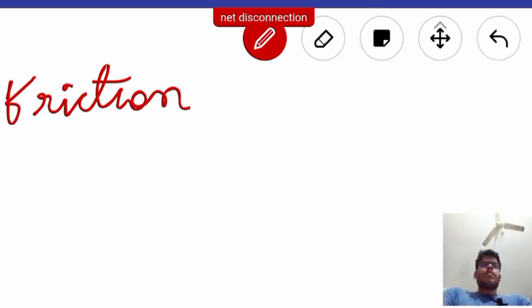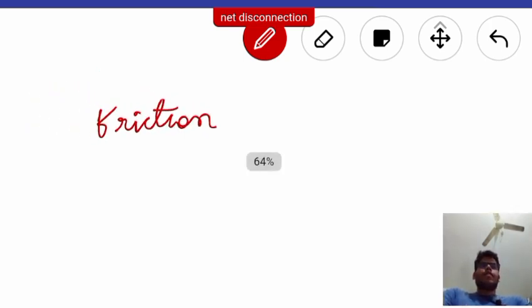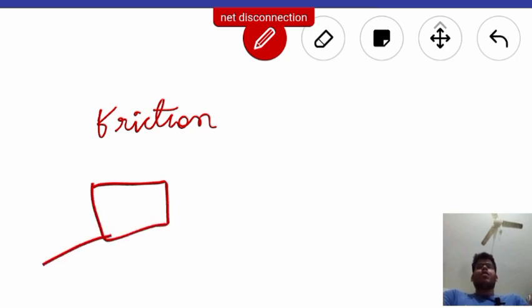So, what is friction? Let's discuss. Friction is the opposing force which is applied on a body in the direction opposite to its relative motion. For example, a body is there on a surface and there is some friction between it and the surface.